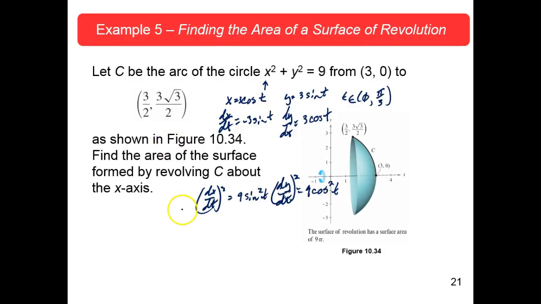And then the sum of those together will be, plus cosine squared would be 1. So that would just be square root of 9, which would be 3. Square root of 9 equals 3, because we're taking the square root of them, right?